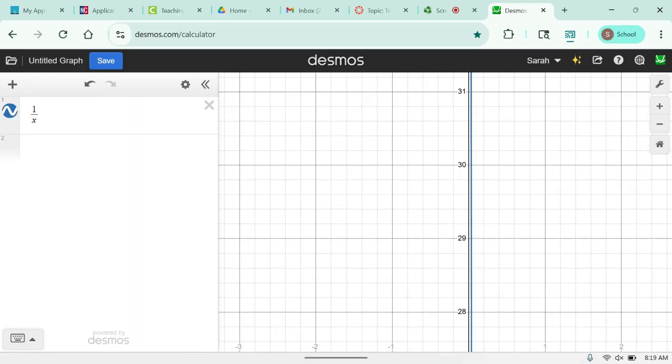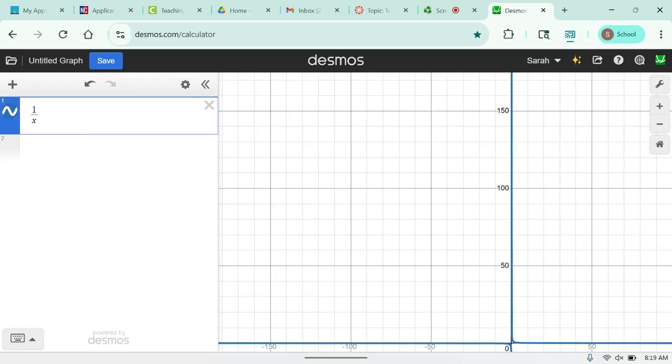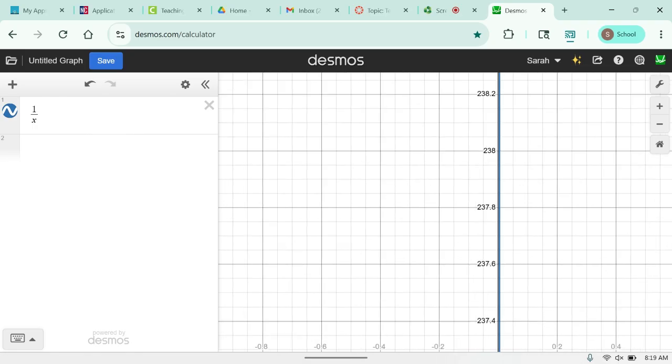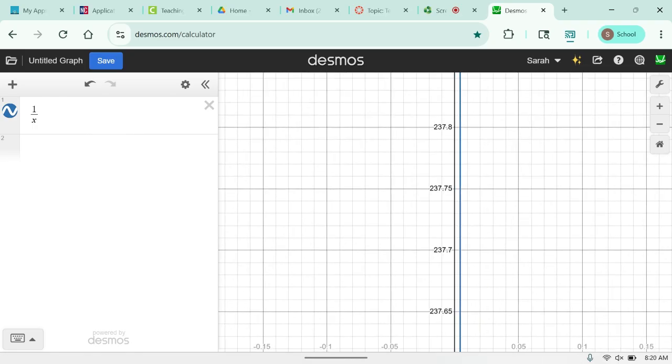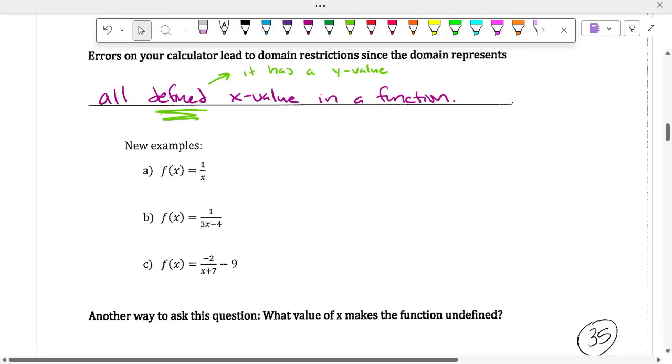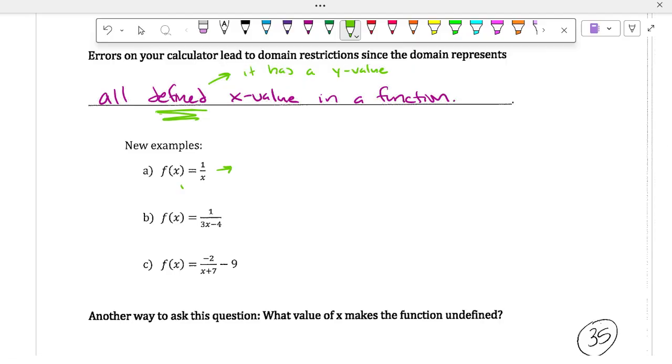Let's say I went all the way up to 150 or 250. I zoom in a whole lot, still space there. It's never going to cross that y-axis at all. So it's actually a physical line that it cannot cross, and we'll talk about what that's called in a second. But if I wanted to state the domain, first off, we know x cannot equal 0. So how would I write out the full domain in interval notation?